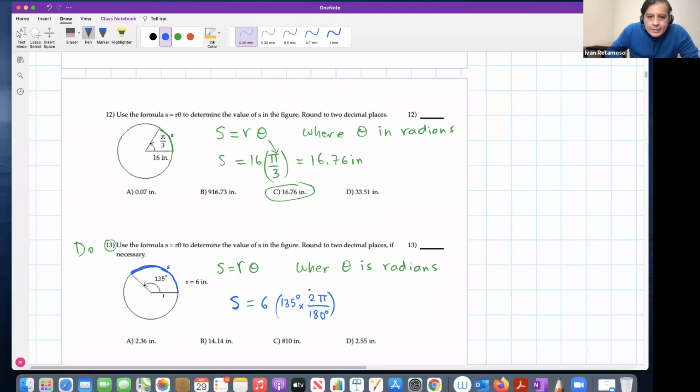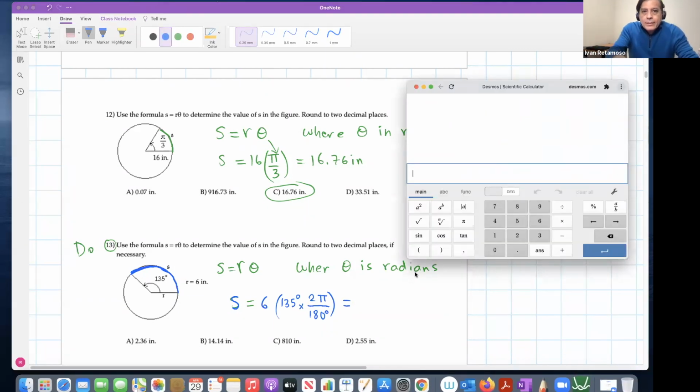So this whole multiplication will be the angle in radians, which is what I need. I'm going to do this in the calculator. So get your calculator. I see students figure this out. Regine, very good. You got it. Excellent. Good job.